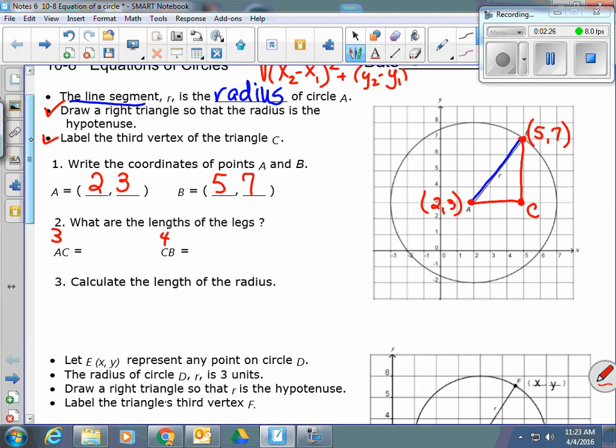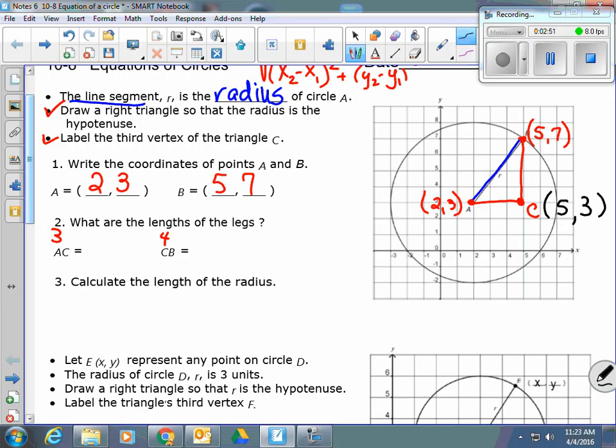So I want to follow through, but before we can do that, we need to know what's the coordinate for C. So let's take a look at the coordinate for C. How far over do I have to go? 3. Now, I'm trying to get you to understand where we got this 3 and this 4 from using expressions, because sometimes we may not have the numbers. Are you with me?